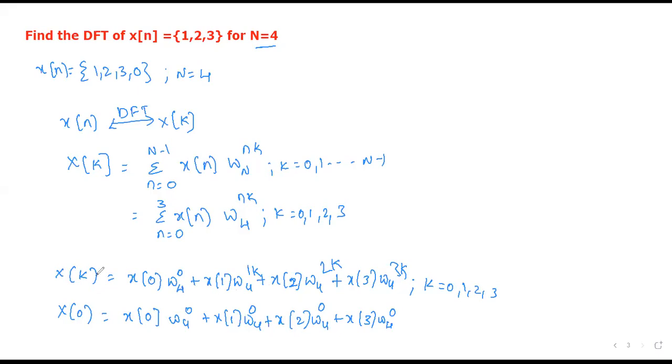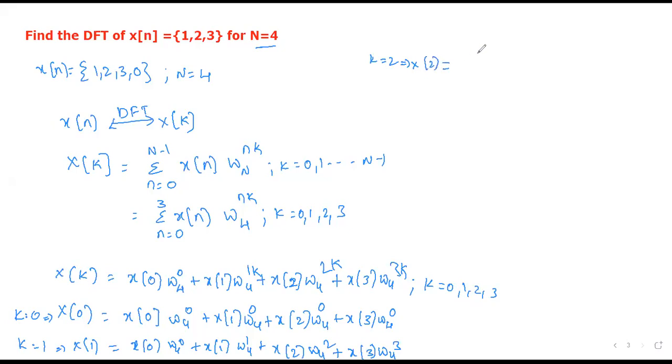Okay, let me now substitute k equal to 1. So if we substitute k equal to 1, X of 1 is equal to x of 0 into omega 4 power 0 plus x of 1 into omega 4 power 1 plus x of 2 into omega 4 power 2 plus x of 3 into omega 4 power 3. Let me substitute k is equal to 2 here.